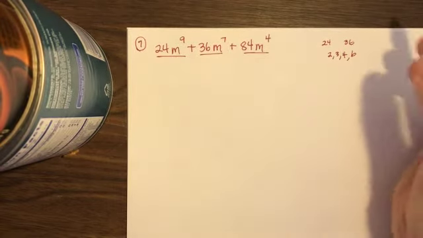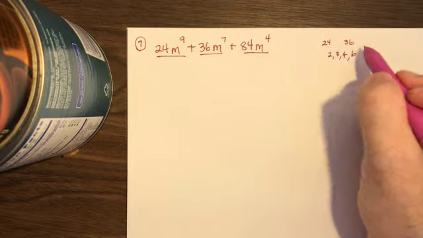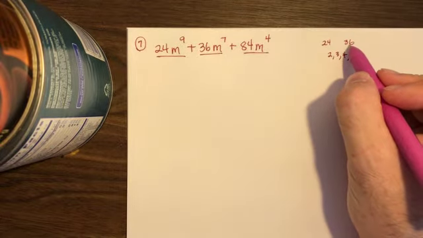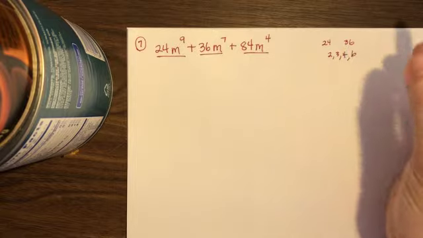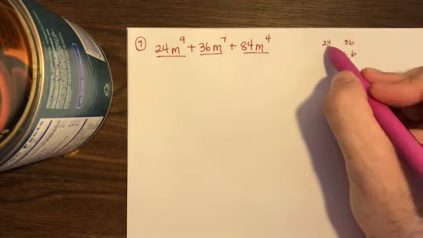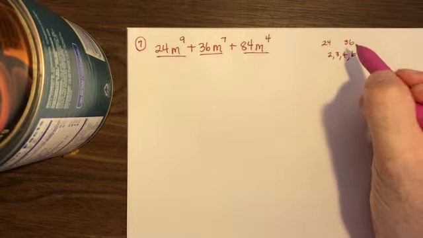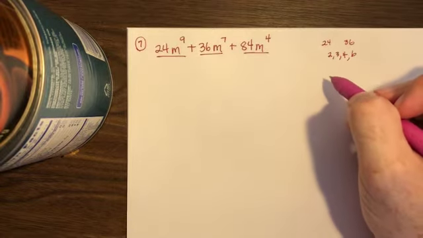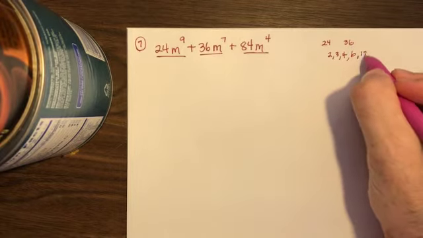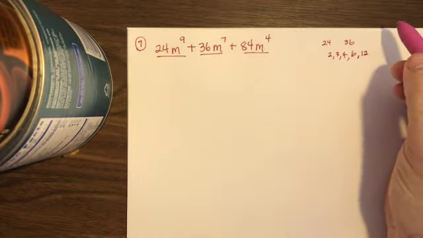So 6 is a good one. 7, no. 8, yes, and does 8 go into 36? No, it doesn't. So 8's out. 9, no. 10, no. 11, no. 12, yes. Ooh, 12. I got a bigger number.